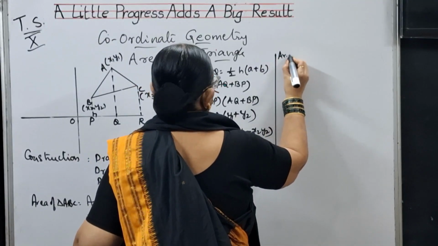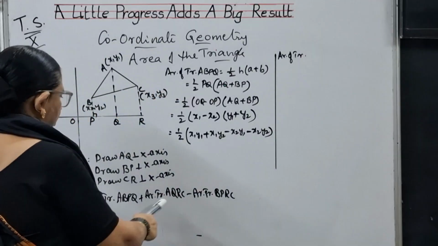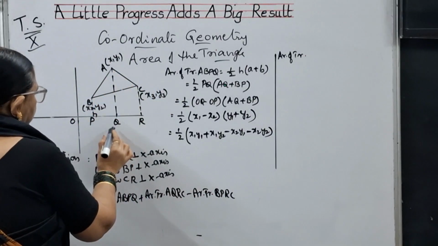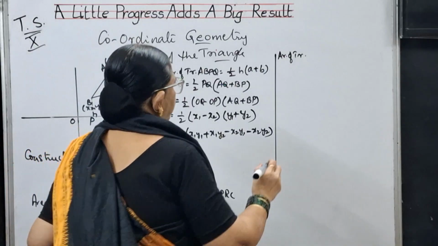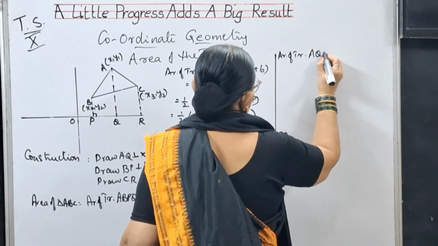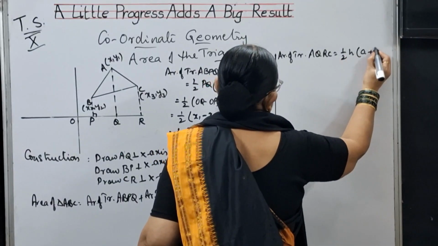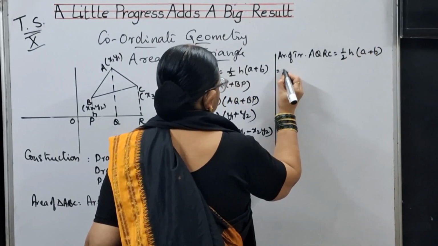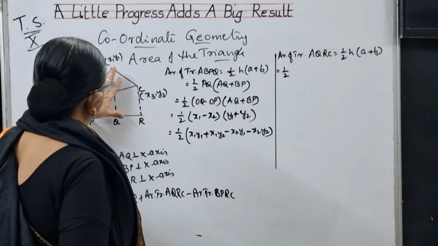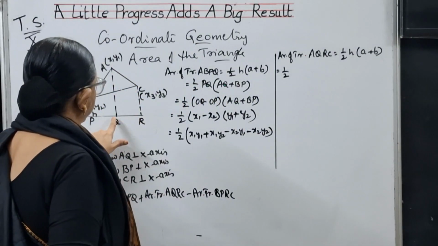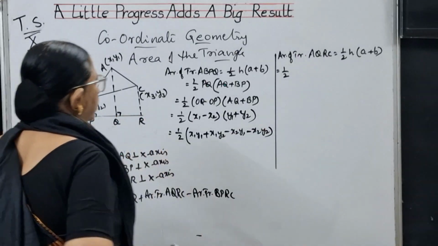Now let me go for the area of the next trapezium, AQRC. This is nothing but half h into a plus b. So this is half into h. What is h again here? This perpendicular becomes the height. Height is QR.